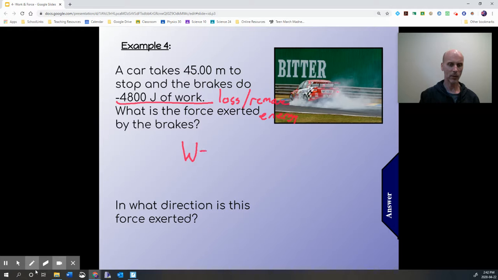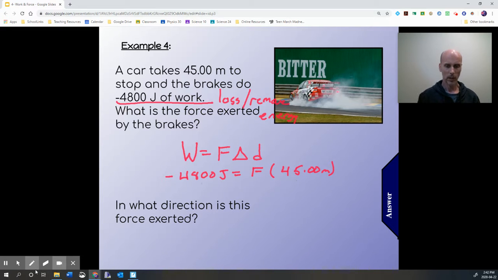Well, if we're careful, it doesn't look a heck of a lot different than when we do positive work. We are strictly going to write in exactly what we're given in this question. So when the work was negative, it's negative 4,800 joules. Then the force will be here, and our change in distance or position is 45.00 meters.